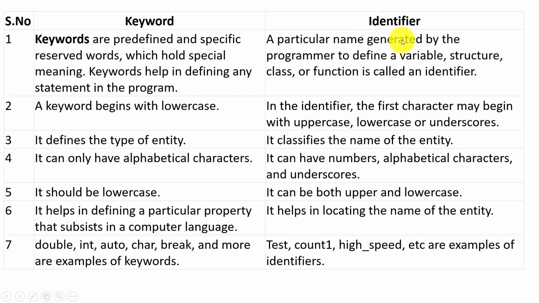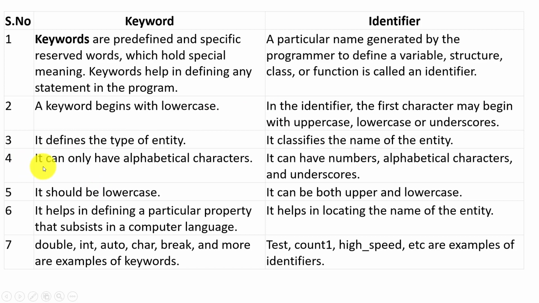But an identifier is generated by the programmer, that is, a user-defined name, such as the name given to a variable, structure, class, function, etc. The second point, keywords begin with lowercase, that is, all 32 keywords are in lowercase, but in an identifier the first character may be upper, lower or underscore. The third difference, a keyword defines the type of entity, but here we give the name to the entity, that is, we give the classification. It may be a variable name, structure name, class name, function name, etc.